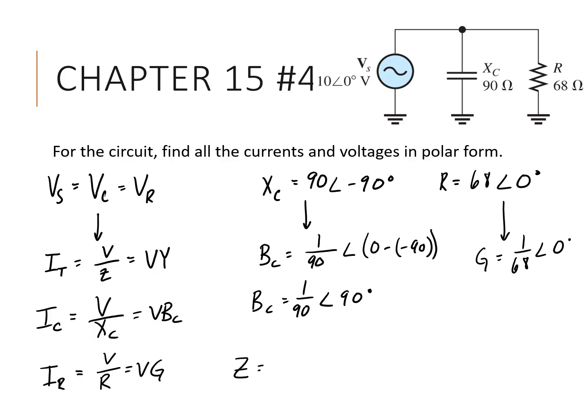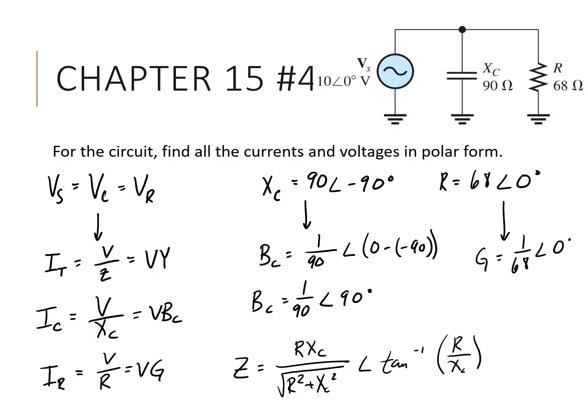All we would need to do is find Z, which for the parallel case is going to be R times XC over the square root of resistance squared plus XC squared, with an angle that's going to be the inverse tangent of R over XC. So we have all of this information. We would be able to deal with it.